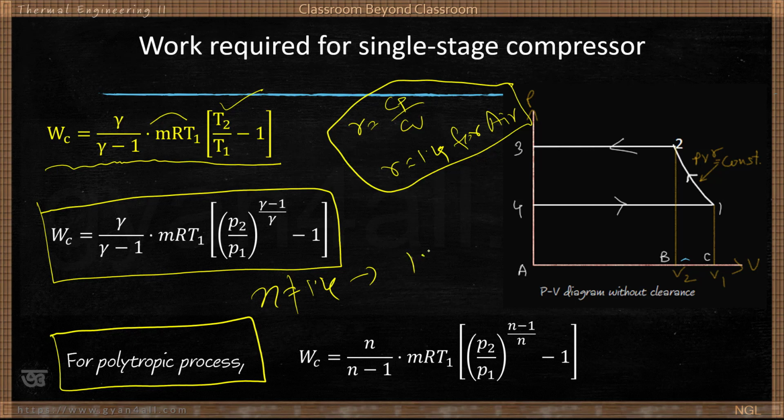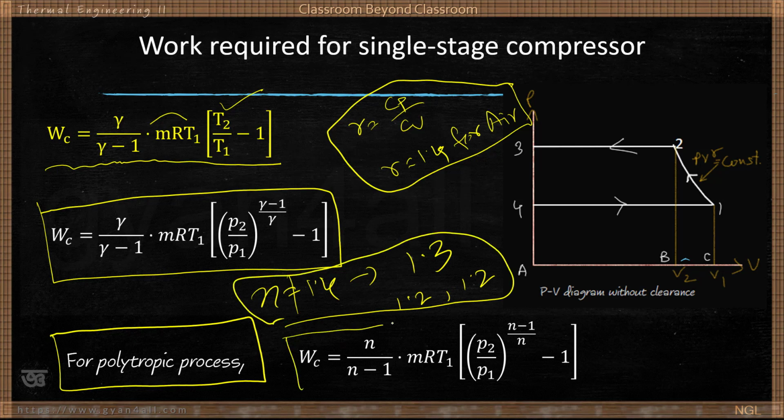Sometimes it may be 1.3, sometimes 1.2, 1.1. So in that case, which formula will we use? This is the formula for polytropic process: n by n minus 1, MRT1, P2 by P1 to the power n minus 1 divided by n. So this way you can calculate the work required for a single stage compressor without clearance volume.